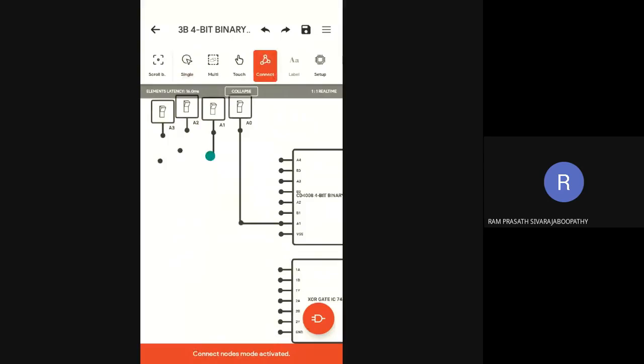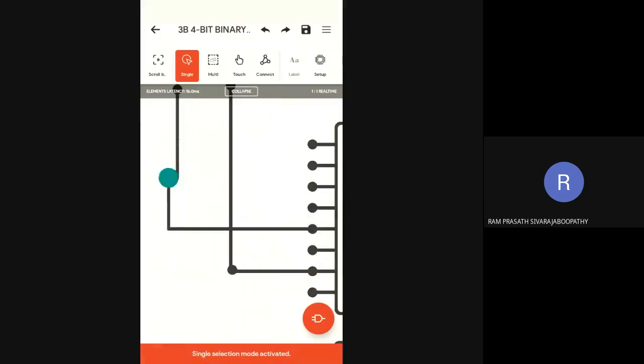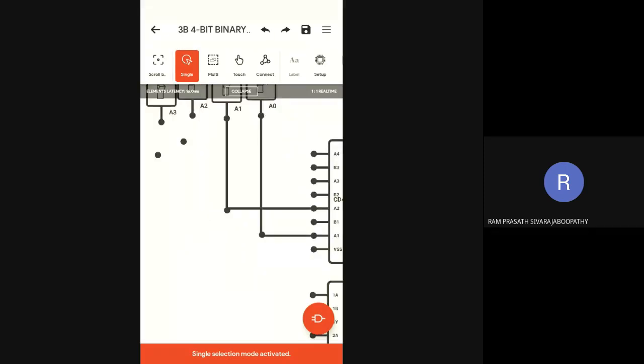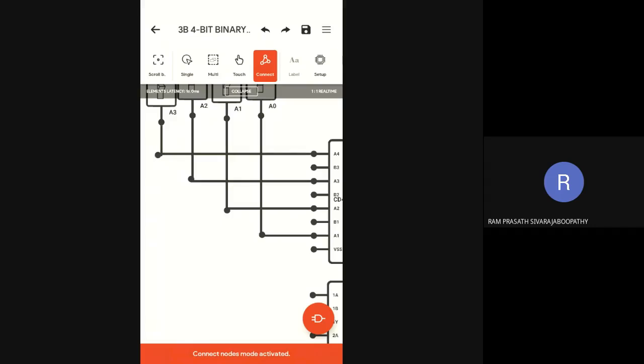A1 must be connected to A2. As far as we are concerned, we have taken A0, A1, A2, A3. Please remember that. But as far as the IC is concerned, it is A1, A2, A3. Then A2 must be connected to A3. Fine. Then A3 must be connected to A4.